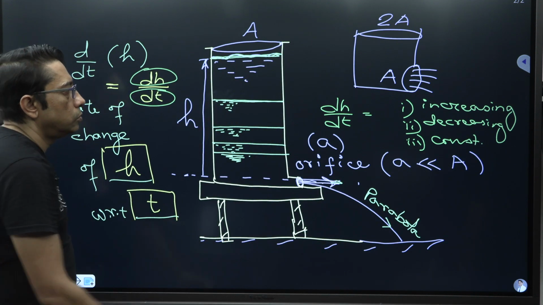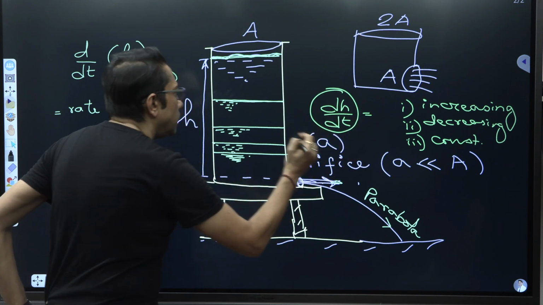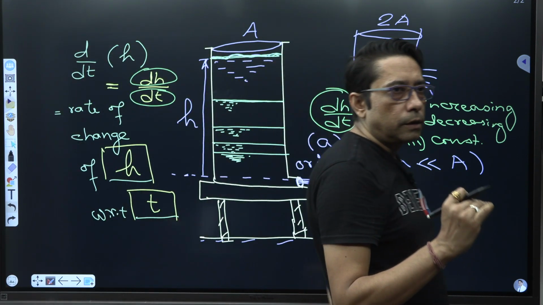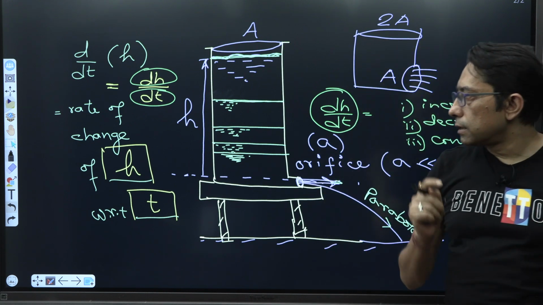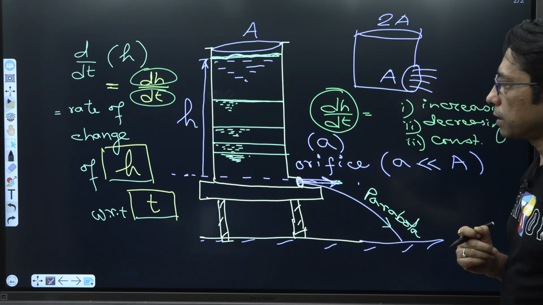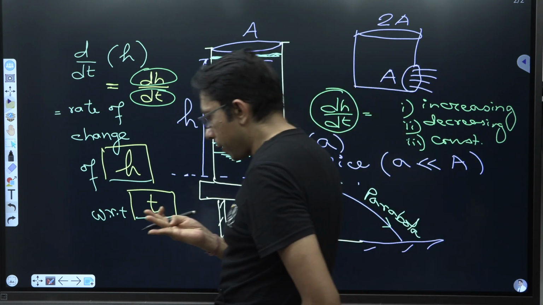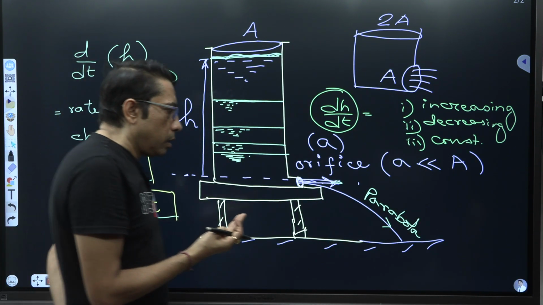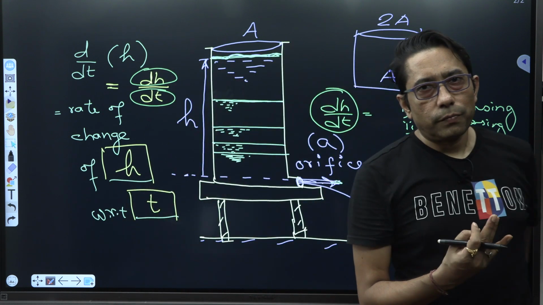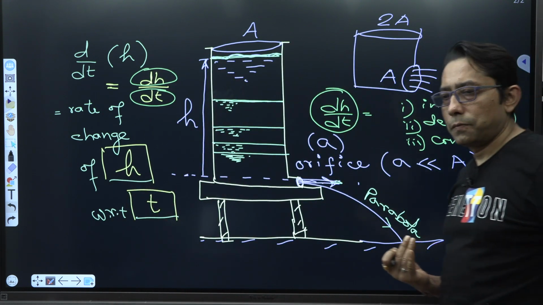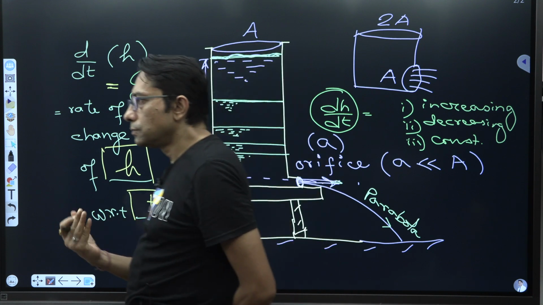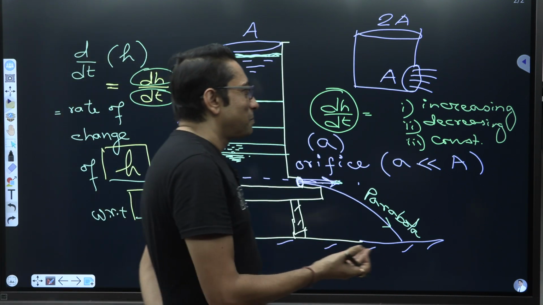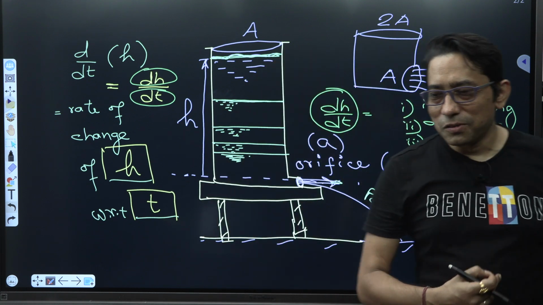What is happening to this dh by dt in this figure? The rate of change of height is constant, decreasing, or increasing. Okay. Three options are given because you may think over others also.